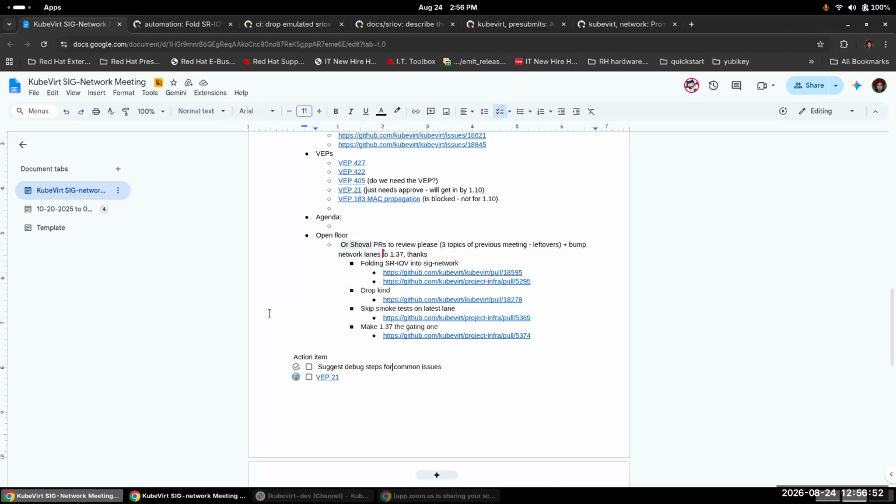In the next days, it's going to be released formally as GA. But we don't need to wait with that PR to make 137 the latest gating. For example, move all the lanes to that: DNC, emulated, SR-IOV, smoke, and so on. We don't need to wait for that.